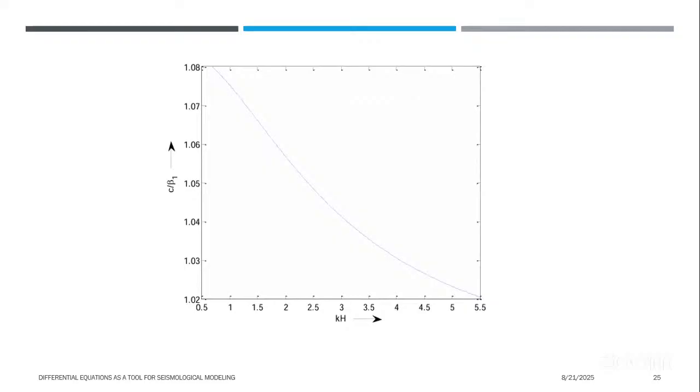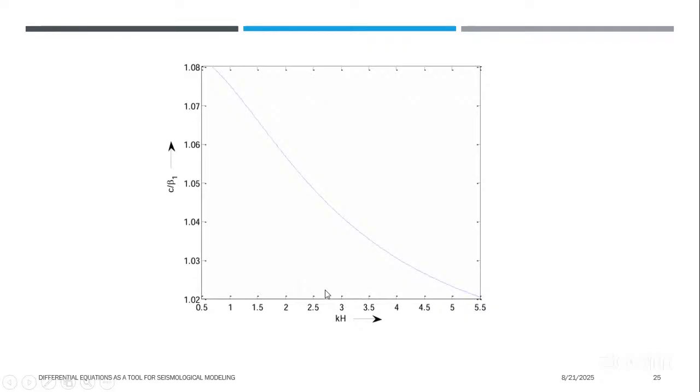It's a dispersion curve for this particular data. For different kh, which is made dimensionless, k corresponds to frequency, and for different k you get different c by beta, again made dimensionless.